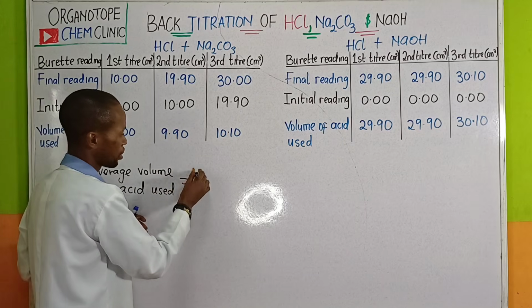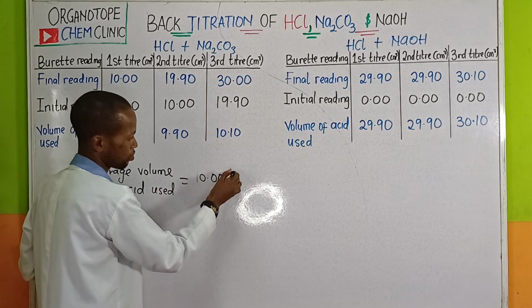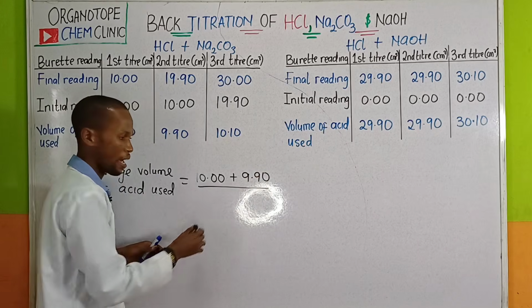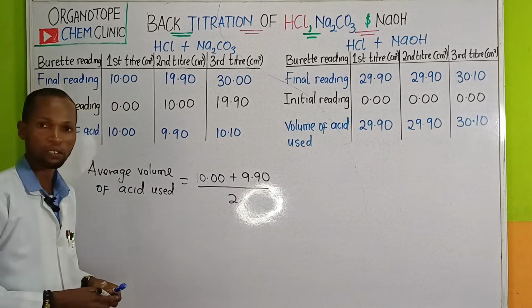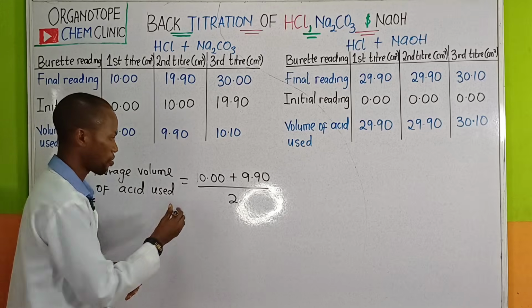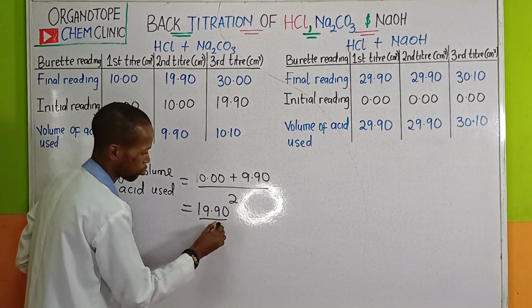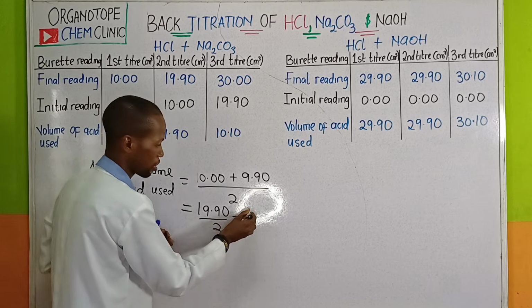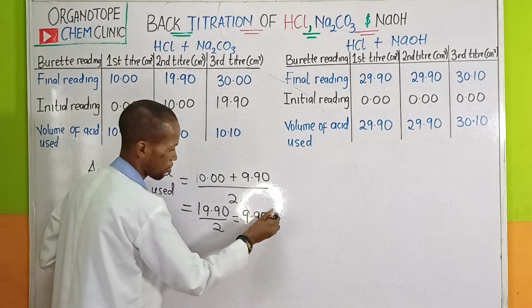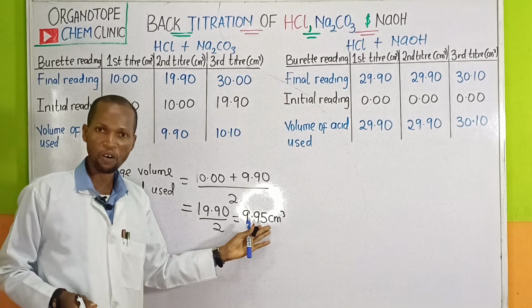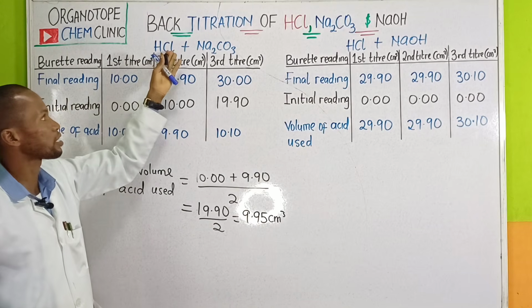So we have 10.00 plus 9.90 divided by 2, in order to determine the average. So we have 19.90 divided by 2. This will give us 9.95 cm3.